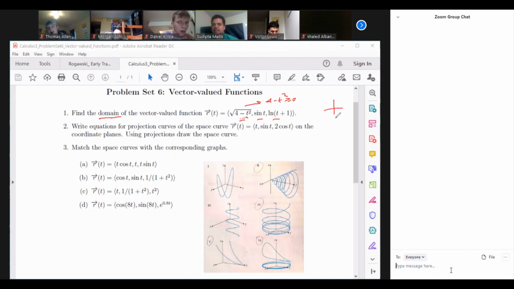The ln curve looks like this, right? So ln is defined only for positive values, so whatever is inside ln has to be positive. Now use this fact and this fact to get the values of t that satisfy both. That would be the domain. You should be able to do the rest.